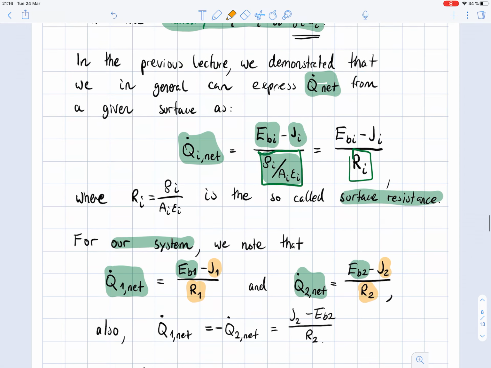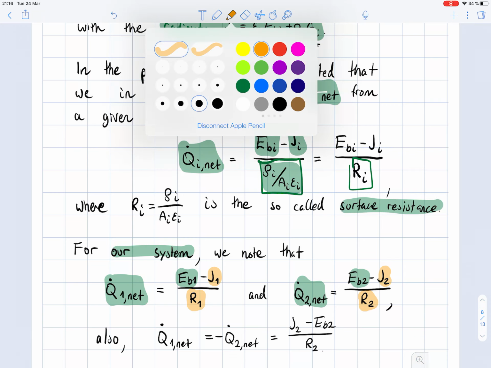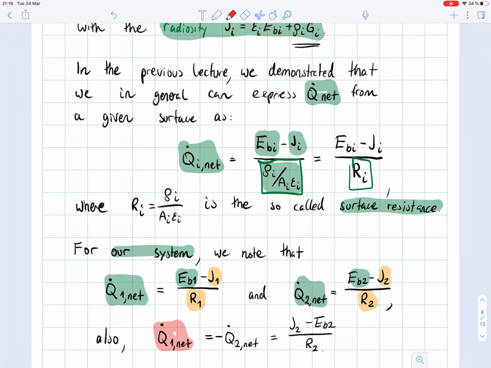Now, since the third surface is adiabatic, whatever heat is coming out of surface number 1, which is the hot one, has to be balanced by a negative heat transfer rate at surface number 2. So that means that Q1 net can also be expressed as J2 minus EB2 divided by R2, which is the negative of this expression.